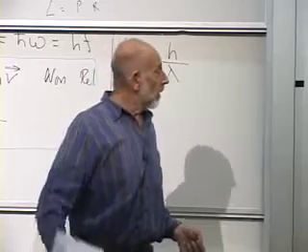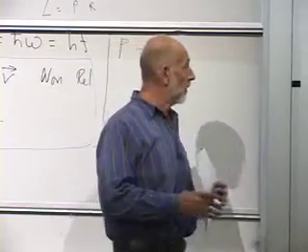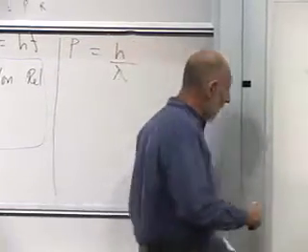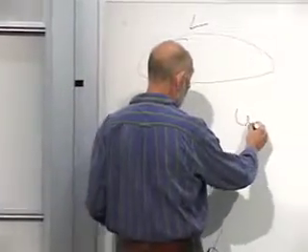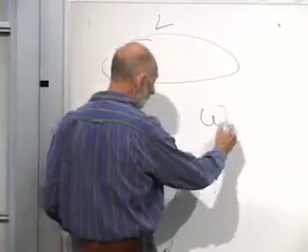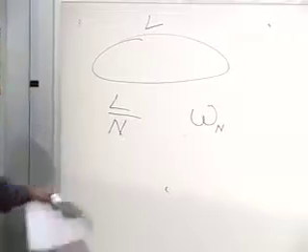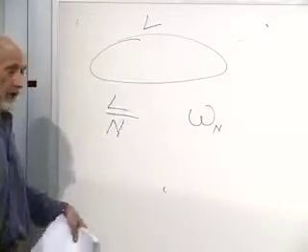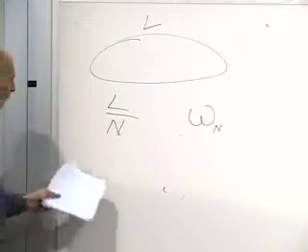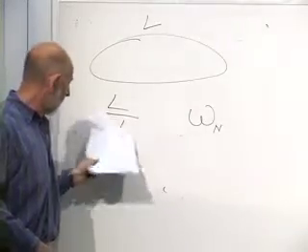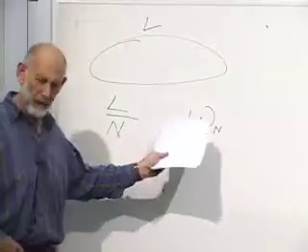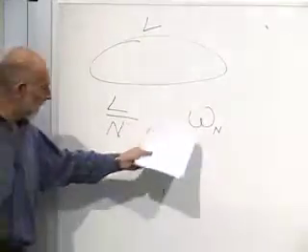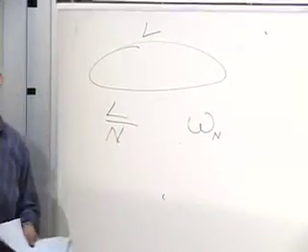Those allowable values of frequency we can call omega n. n goes from 0 to infinity, all the possible values of frequencies.